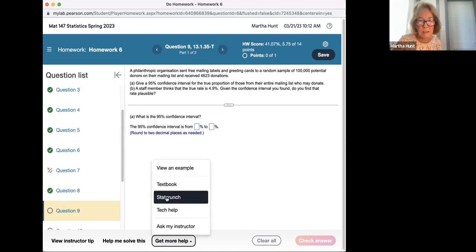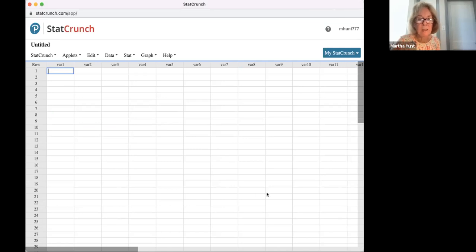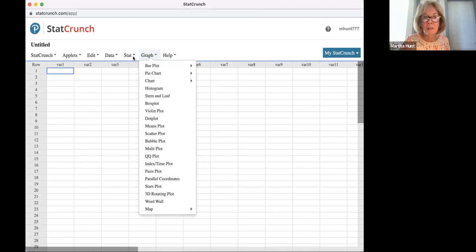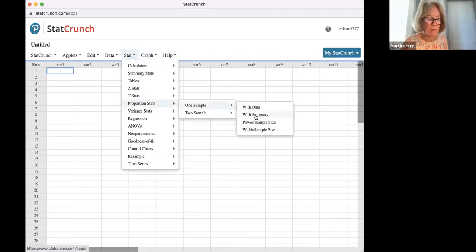We're going to do StatCrunch, and we're going to do a new share. And here's good old StatCrunch. Okay. So once again, we're under Stat, and we are going to do proportions, one sample with summary.